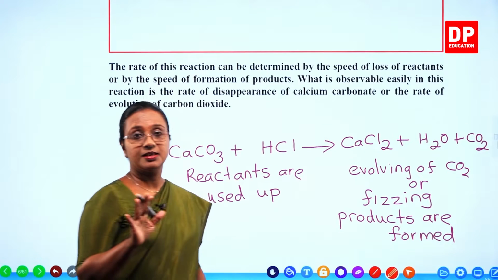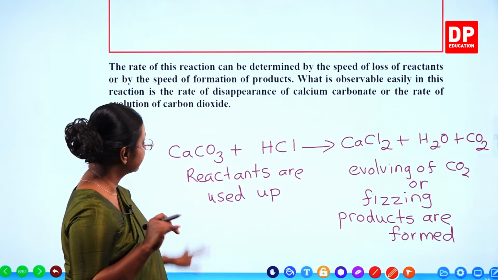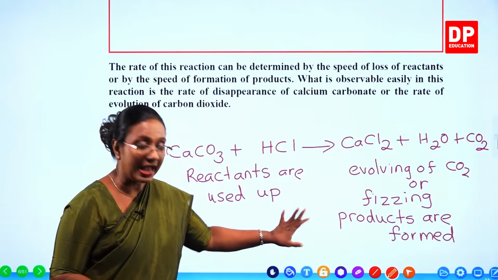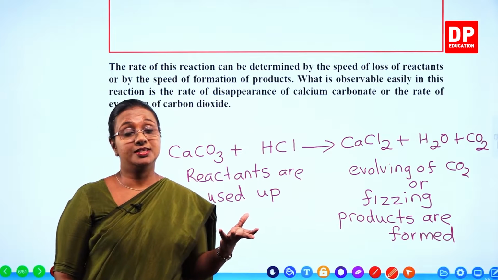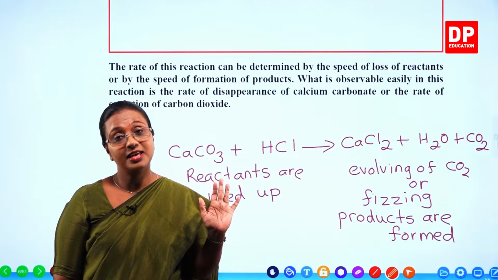So, always when a reaction is taking place, reactants are used up and products are formed. And when these are visible to us, we know that the reaction is taking place.